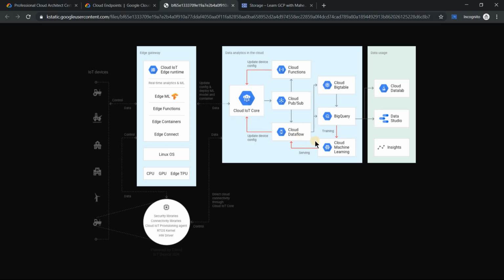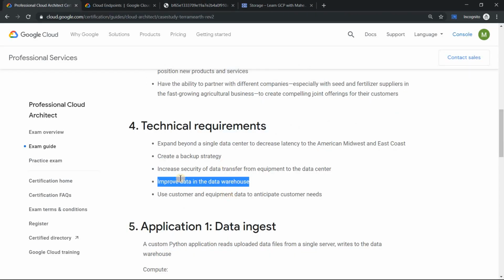So that could be another option, with a combination of ML, where you can see what fields are important. And once you decide what fields are important, you need to have some ETL process. Then you can use your Dataflow to run your pipeline and update your data. So that could be a choice. A combination of machine learning, BigQuery ML plus Dataflow, could be a choice in this one.